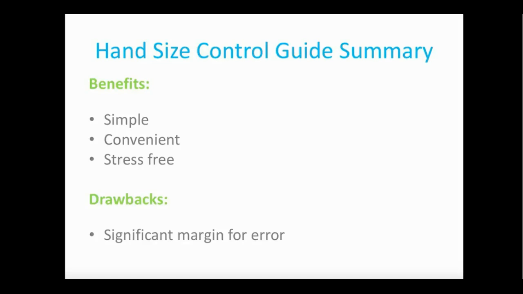But what are the drawbacks of this kind of program, or this kind of guide, is its significant margin for error. So you can quite easily overeat on your fats, on your proteins and whatever else. And the second thing is you can't really measure mixed macro types accurately. So basically, if you have a cake, it's on the table, how can you accurately say what proportion is in that food substance?